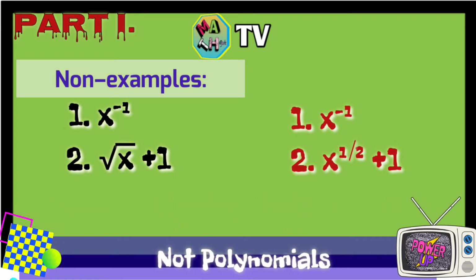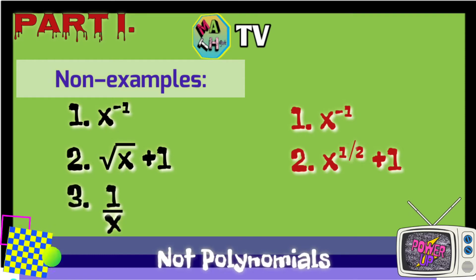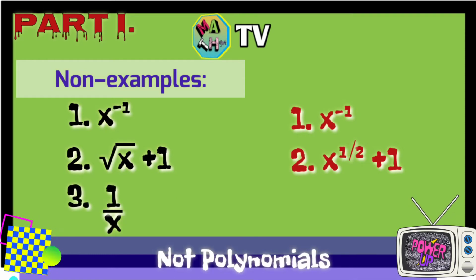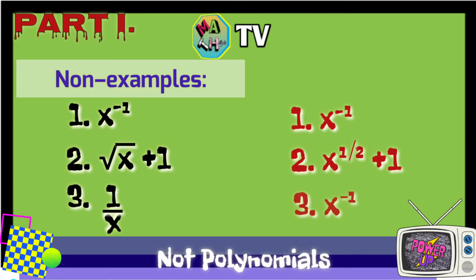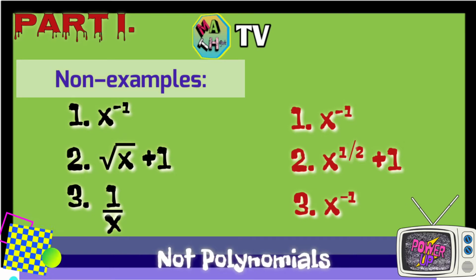Lastly, 1 over x is also not a polynomial because when we rewrite this expression 1 over x, it becomes x to the power of negative 1. So it has a negative exponent.